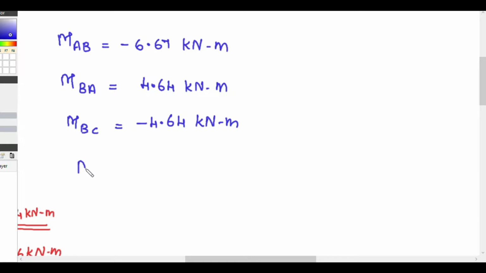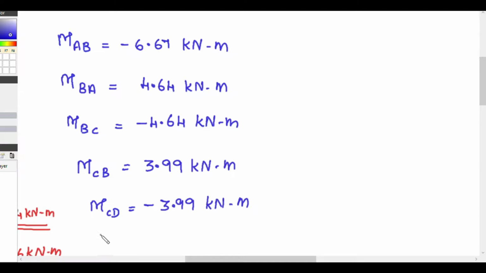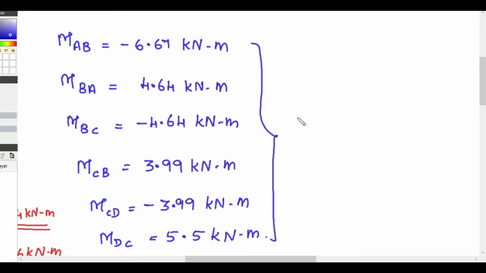Now, MCB is equal to 3.99 kilonewton meter. MCD is equal to minus 3.99 kilonewton meter and MDC will be equal to 5.5 kilonewton meter. So these are our end moments.